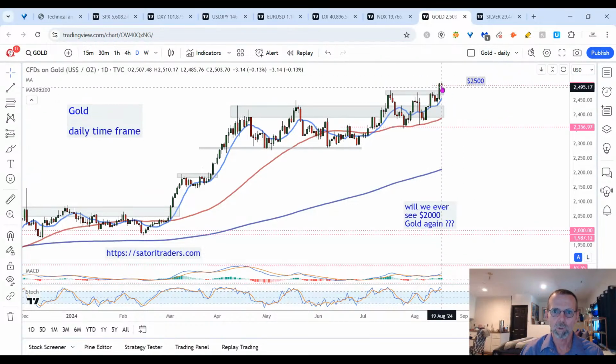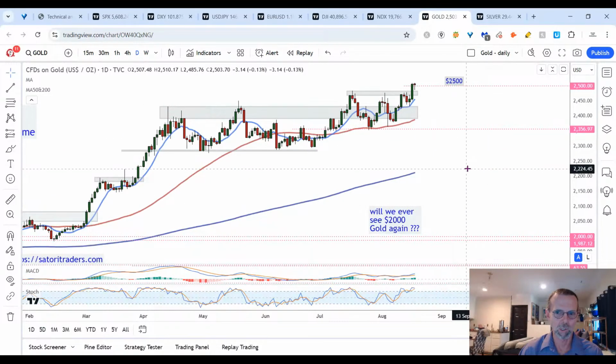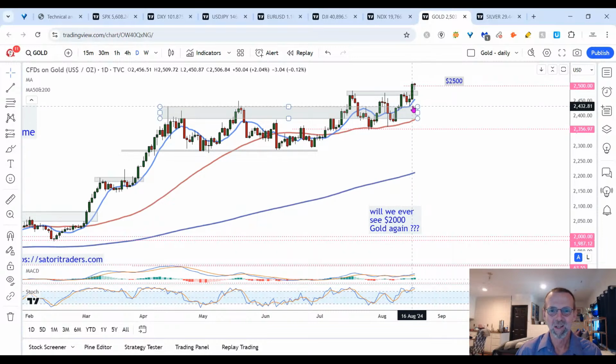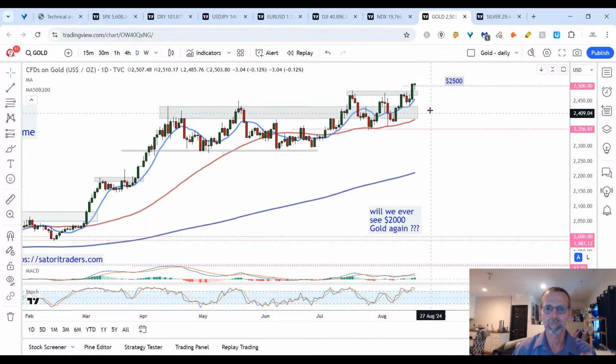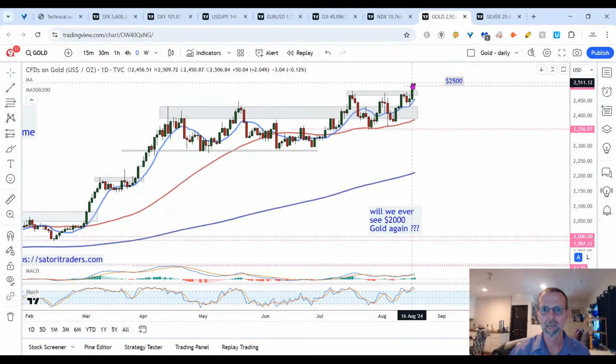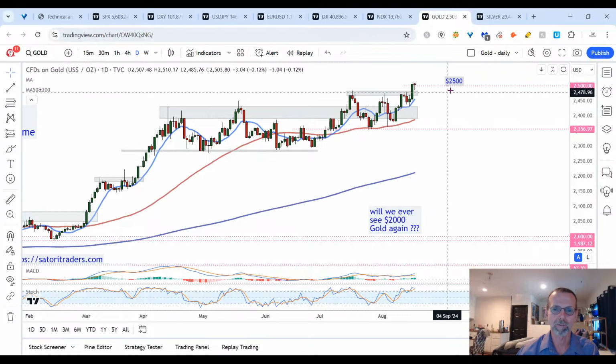Gold broke above 2,500 on Friday's close, and I was a little bit surprised. Well, two things. First, that price closed above that level on Friday, because it wouldn't have been surprising to see price poke up to a new high and then get pushed back below the 2,500 level, but that didn't occur.